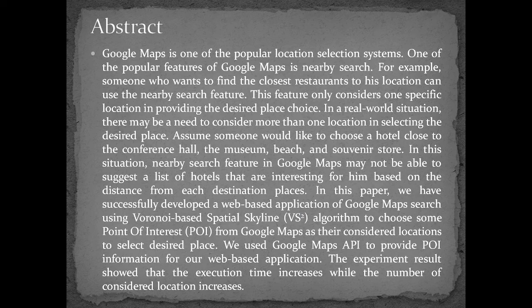In this paper, we have successfully developed a web-based application of Google Maps search using Voronoi-based Spatial Skyline algorithm to choose some points of interest from Google Maps as their considered locations to select the desired place.